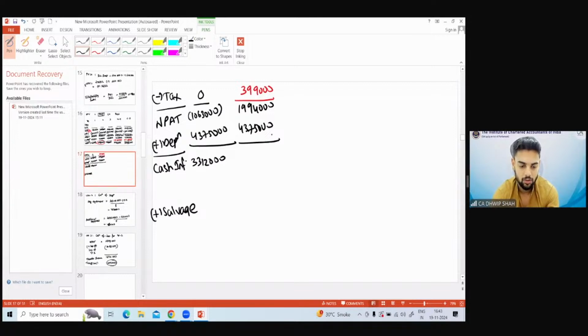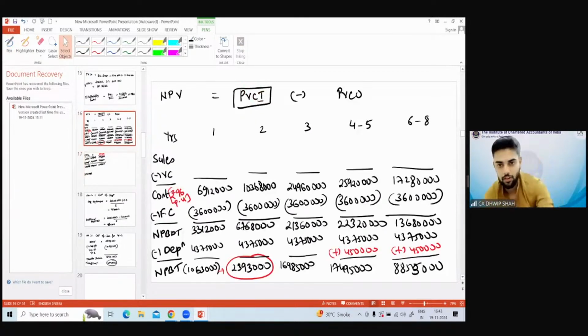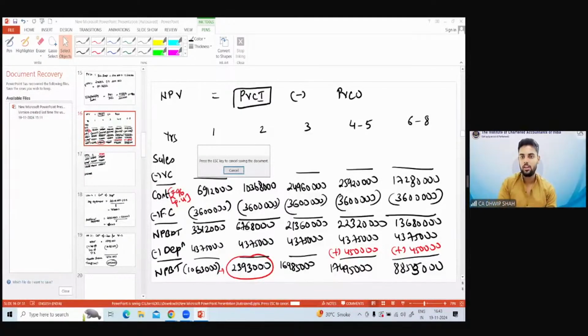So my year 2 cash inflows come to 63,69,000. Now from year 3, it is normal. From year 3, it is normal, because losses have been set off. Are you getting this? Losses have been set off with the income of year 2. So now for year 3, we have to calculate normally. 169,85,000.